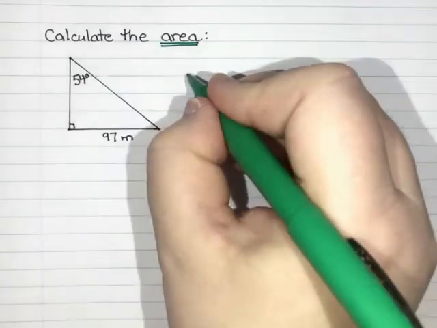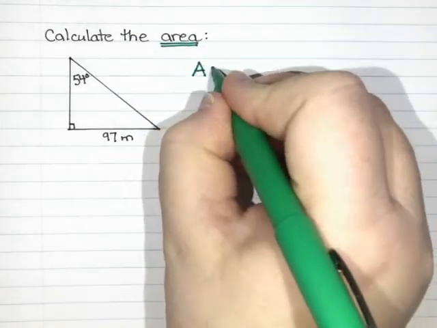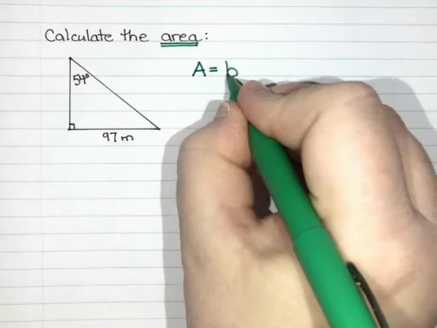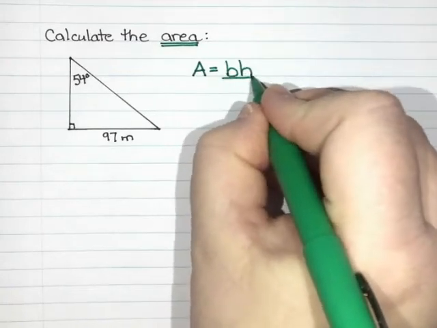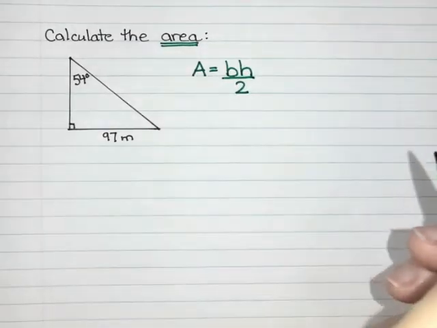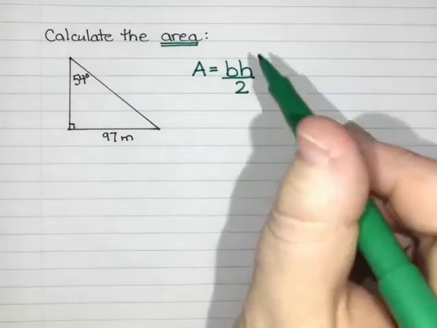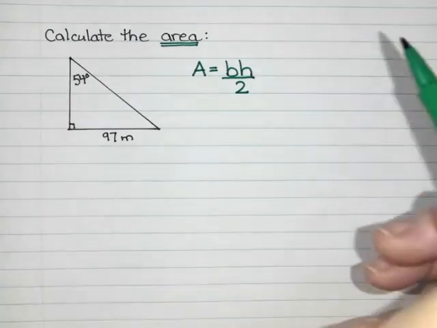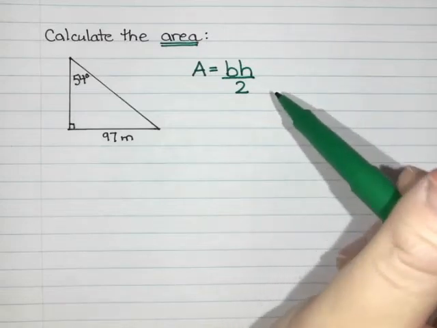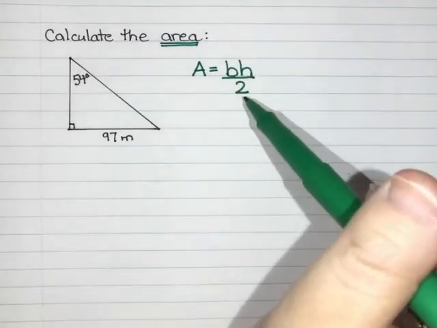Now the formula for the area of a triangle is base times height divided by 2. And if you didn't know that, you can Google it, look it up. It's definitely something you can find easily on the internet. So we've got base times height divided by 2.